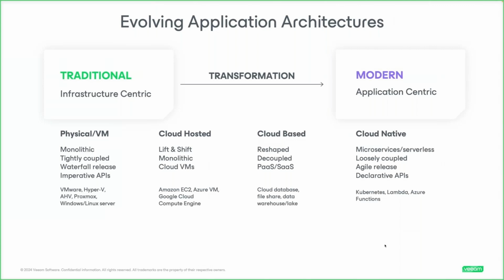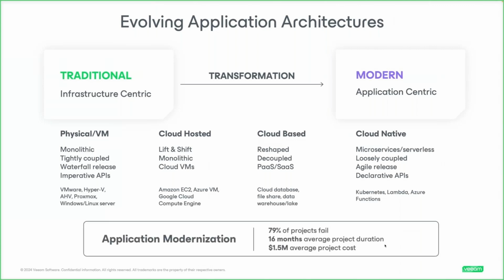But that transformation is, again, easier said than done. And this is a fantastic piece of research that shows 79% of application modernization efforts fail. So 79% of those projects fail. And again, that's because we're fully refactoring, re-architecting the way an application is built and run. That's, again, a difficult thing to do.